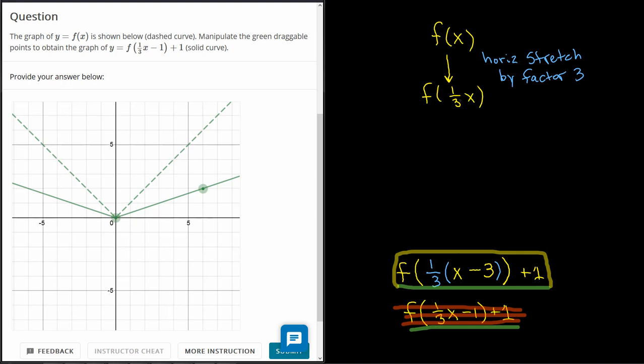I'm part of the way there, but the next thing I need is that x needs to turn into x minus 3. Oops, change colors.